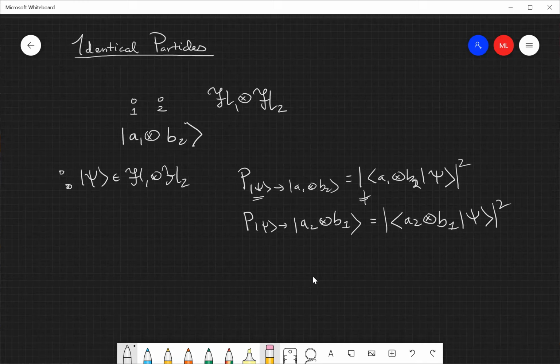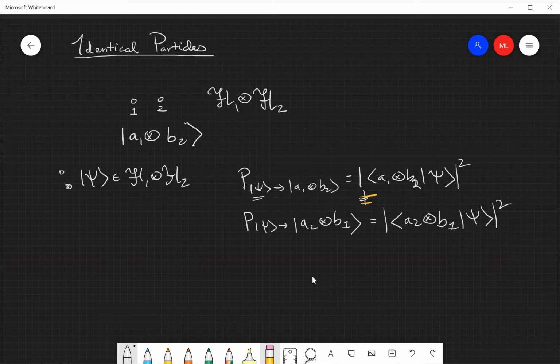But it has to. So we have to set things up so that these two things are in fact equal for identical particles. Because that's what we mean by identical particles, that no matter how you label them, you can't tell them apart. So any kind of labeling you have shouldn't influence any measurements or any probabilities that you calculate.